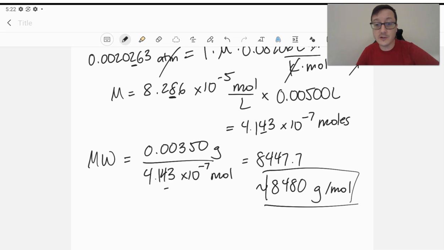But proteins, you're expecting them to be of larger molar mass, because proteins, as we know from biology, are many hundreds of units long. Each of those units is at least about 50 grams per mole. So hundreds of those, it totally makes sense that we'll get something about 8,000 grams per mole.